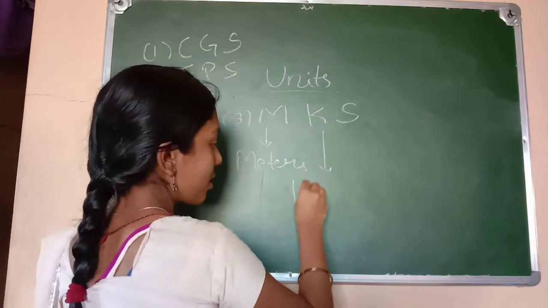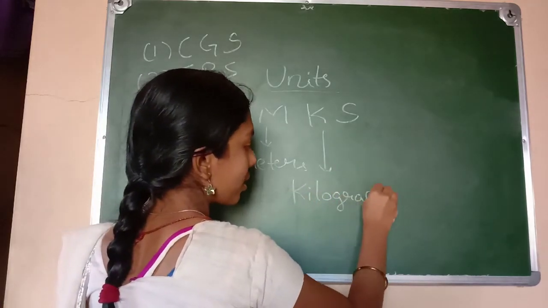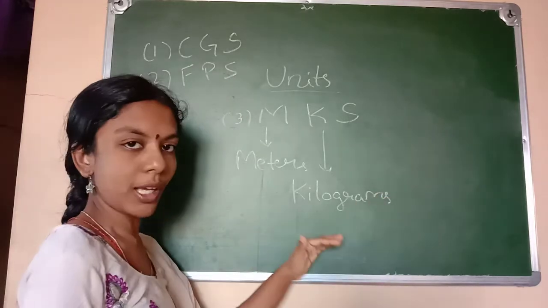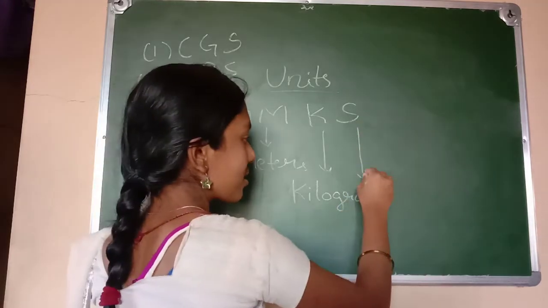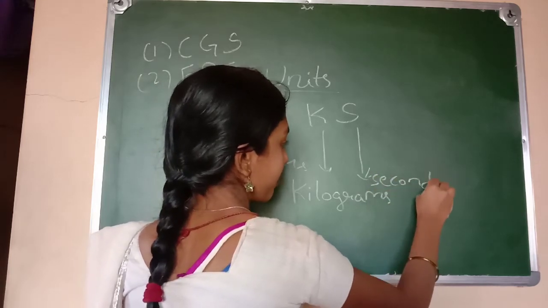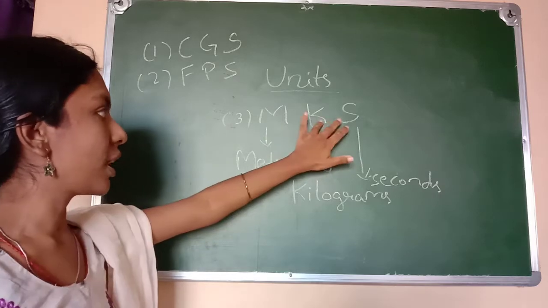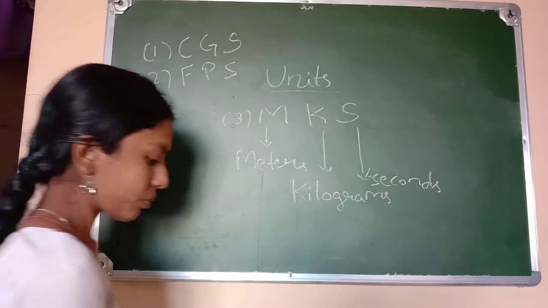K is kilograms, so the weight of something is measured in terms of kilograms. And S is as usual seconds. So MKS is meter, kilogram and second.